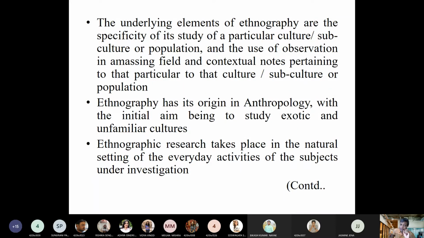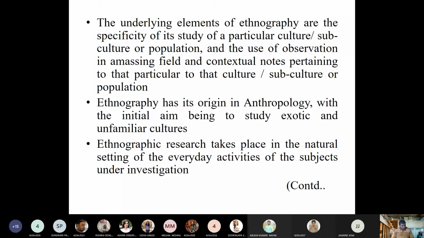Ethnography has its origin in anthropology, with the initial aim being to study exotic and unfamiliar cultures. Something which is not explored, not familiar, very much exotic in nature. Anthropologists generally use ethnographic research to explore such cultures, where even outsiders are not much aware.